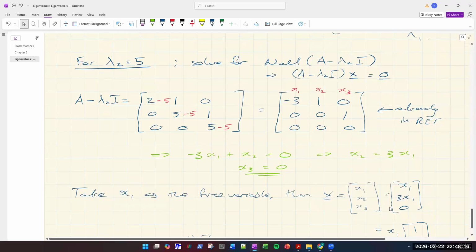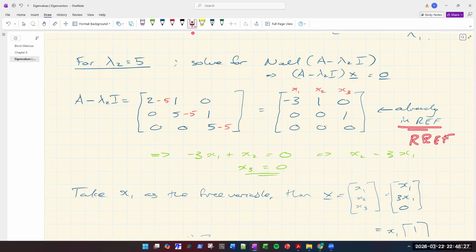Also, if you're row reducing to solve for the null space, if you are in row echelon or reduced row echelon form, remember the rank. The rank of a matrix is the number of non-zero rows in reduced row echelon form. So the rank of this matrix is 1 non-zero row, 2 non-zero rows, so the rank is 2.